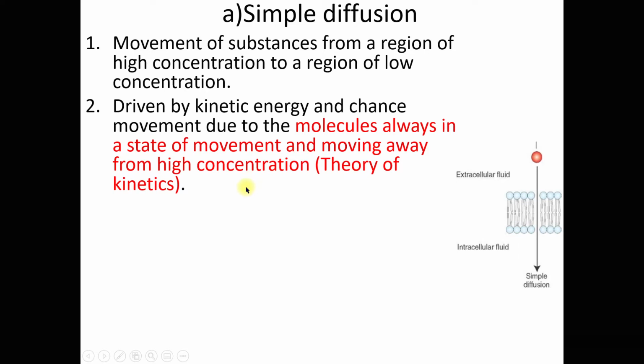Ini seperti dibincangkan dalam theory of kinetics. So if you are wondering why the molecules can perform simple diffusion, it is because those molecules are driven by their kinetic energy. From their kinetic energy there is a chance movement.